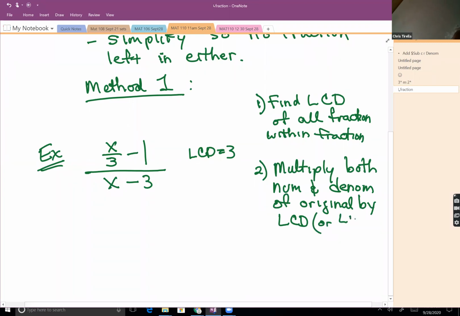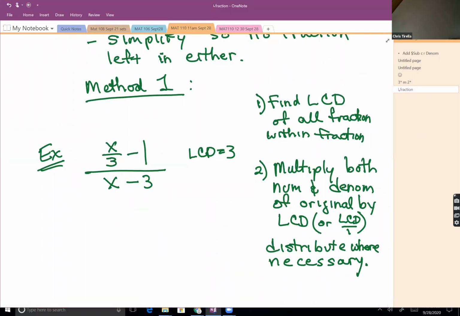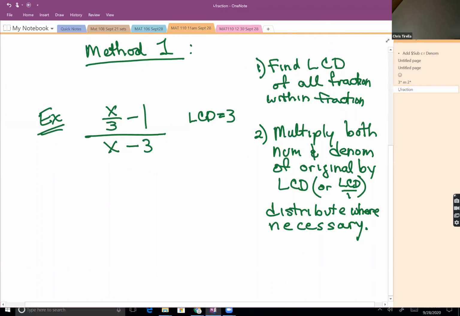Sometimes we're going to write that as the least common denominator over 1, distributing where necessary. Lord, that's wordy. What the heck does it mean?